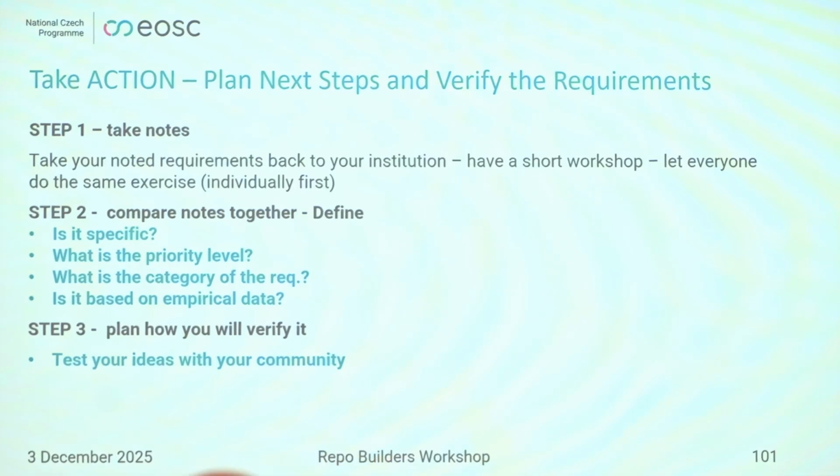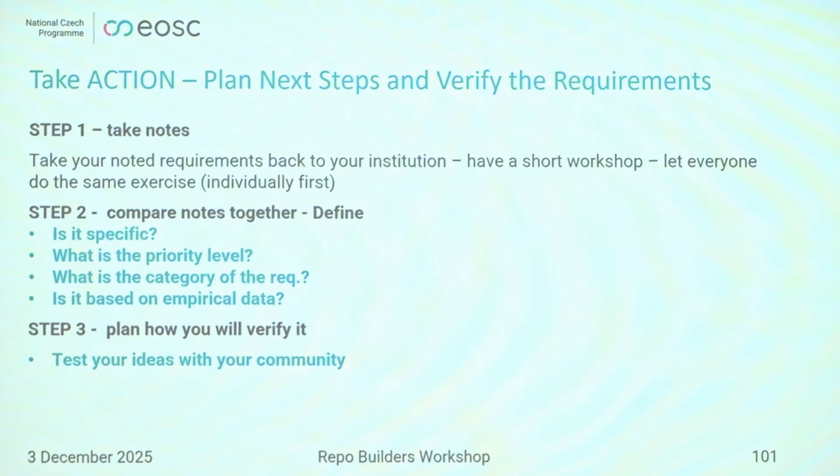We are getting to the end, and let's take some action. So now you can go home. Not yet. Take the papers with you. Go home and get other people who are building the repository with you, and let them do the same exercise.